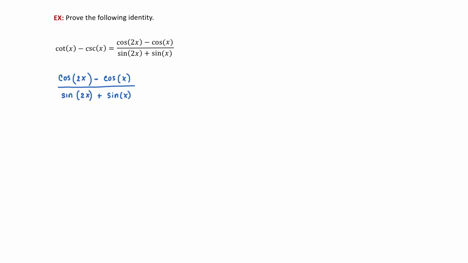For example, this is what I have in mind. For this one right here, I'm going to use the one that says that cosine of 2x is equal to 2 cosine squared x minus 1. So I'm going to use that one.